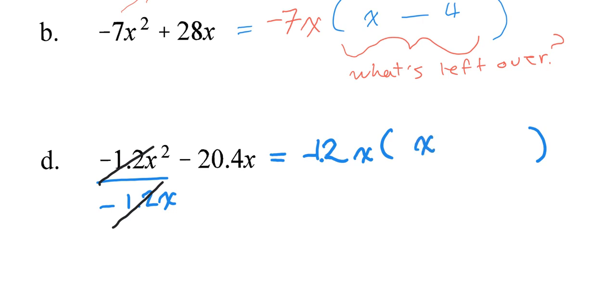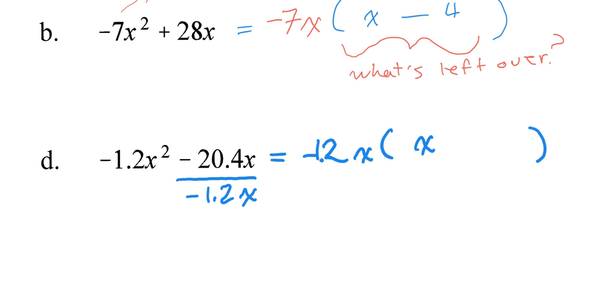So now, let's get back to work and do the same thing for negative 20.4. So we divide by negative 1.2x, and for negative 20.4 and negative 1.2, a negative divided by a negative is a positive. Perfect.